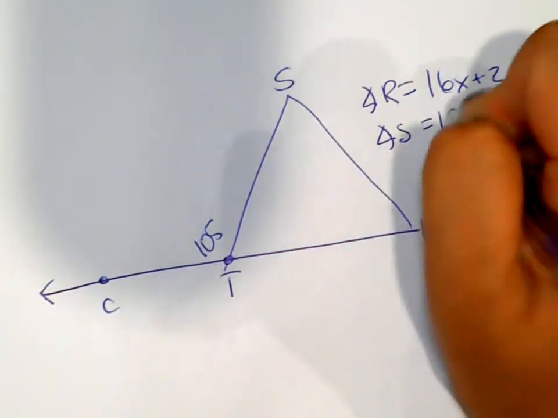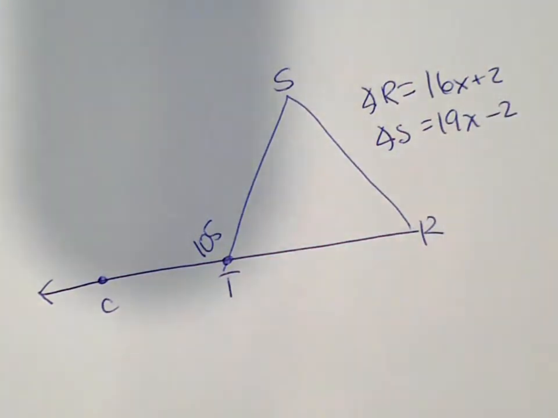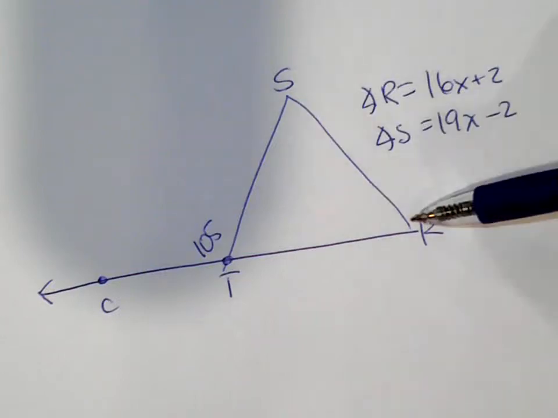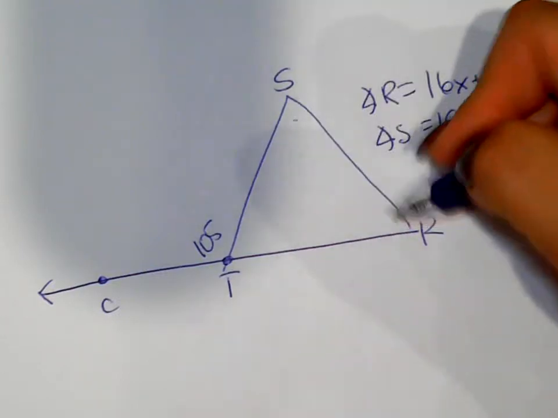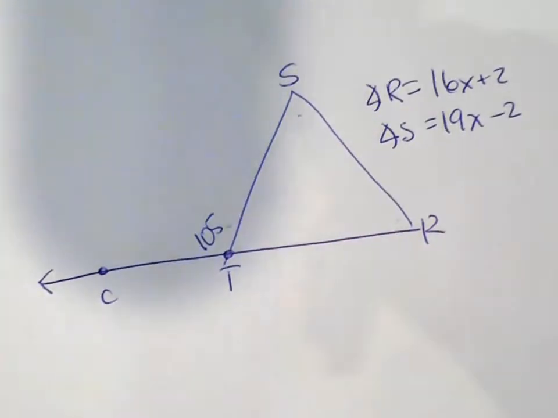Angle S is equal to 19x minus 2. Right. So I have my S and my R. I'm going to add these two, set them equal to that. For E, when it says the measure of ABC, it's only going to be C because the answer was only 60.